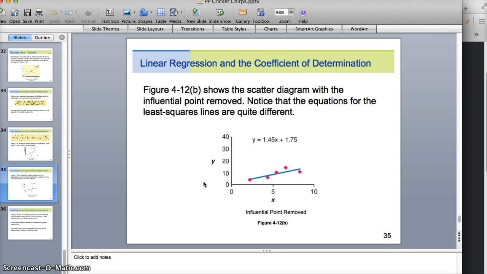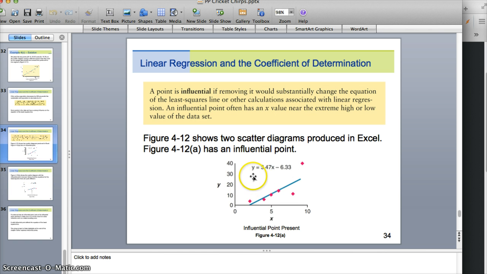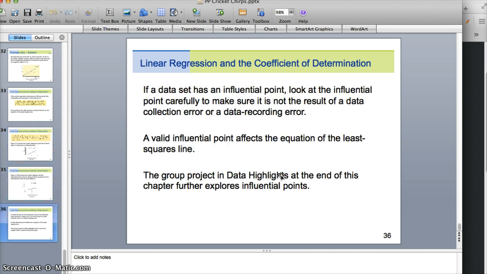Notice that the equations for the least squares line are quite different. So here in this particular slide, the equation is y equals 1.45x plus 1.75, and the other one was 3.47x minus 6.33.